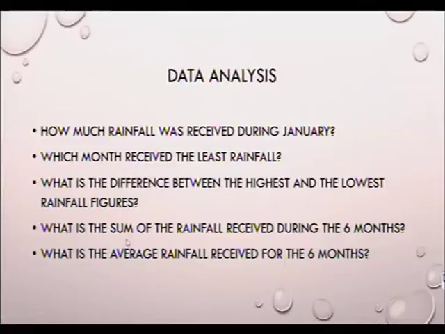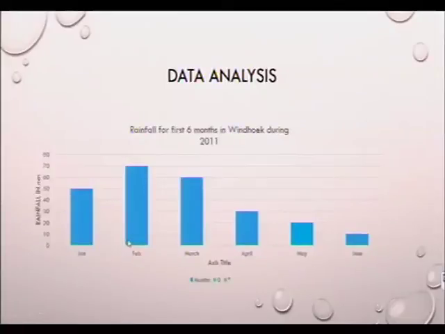What is the sum of the rainfall received during the 6 months? Sum. My word here that I should look for is sum. Sum meaning I add. So we can quickly add 50 plus 70 plus 60 plus 30, 20 and 10.